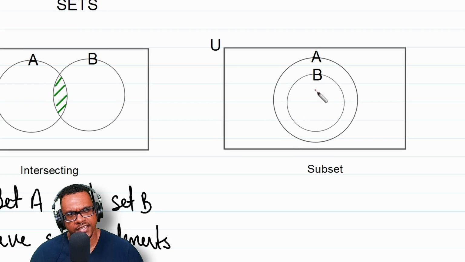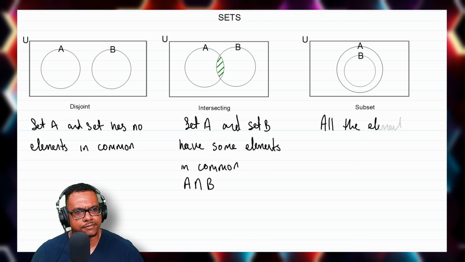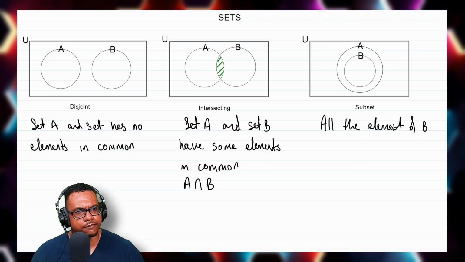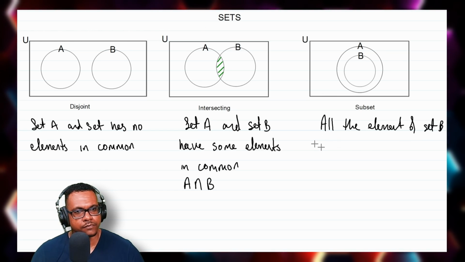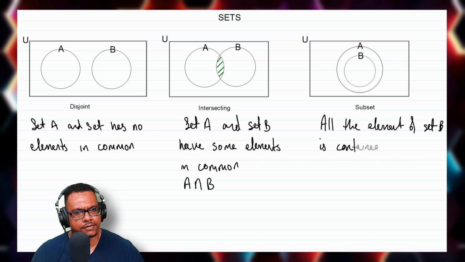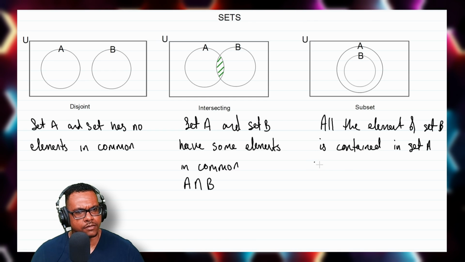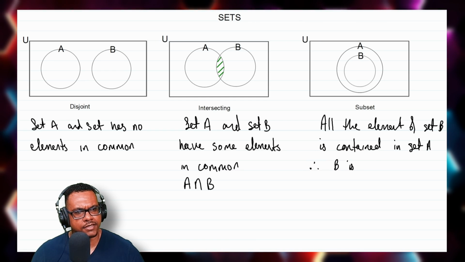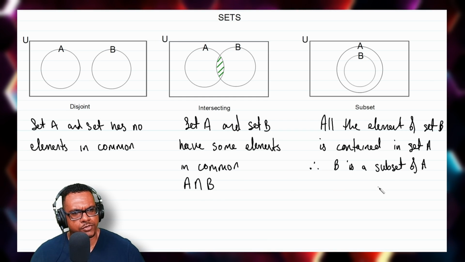So the way I have this set up here, you can see B is inside of A, which means all the elements of B is contained in the set A. Therefore, B would be a subset of A. So here we have all the elements of B. I should put set B is contained in set A. Therefore, B is a subset of A.